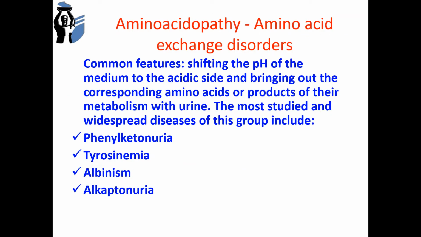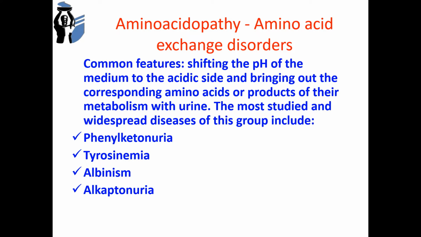The next gene diseases are amino acidopathies or amino acid exchange disorders. They have the common features of shifting the pH of the medium to the acid side and bringing out the corresponding amino acid or product of the metabolism with urine.